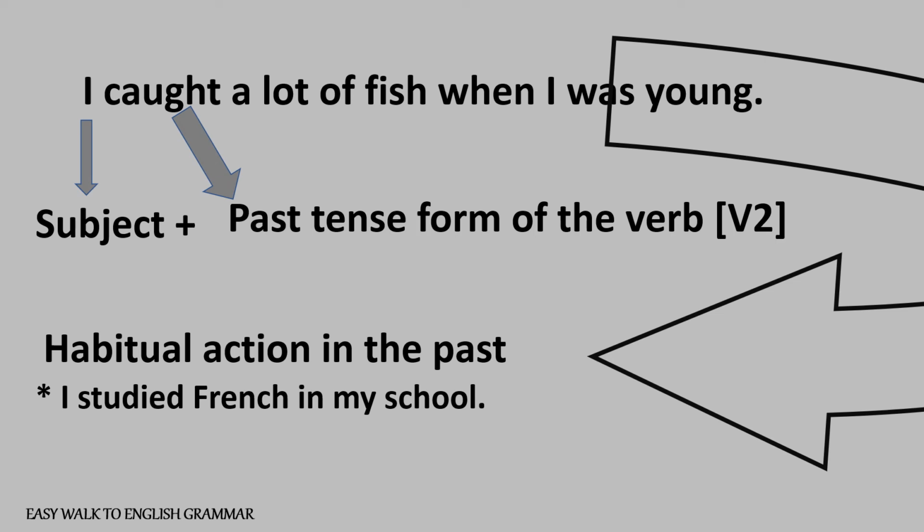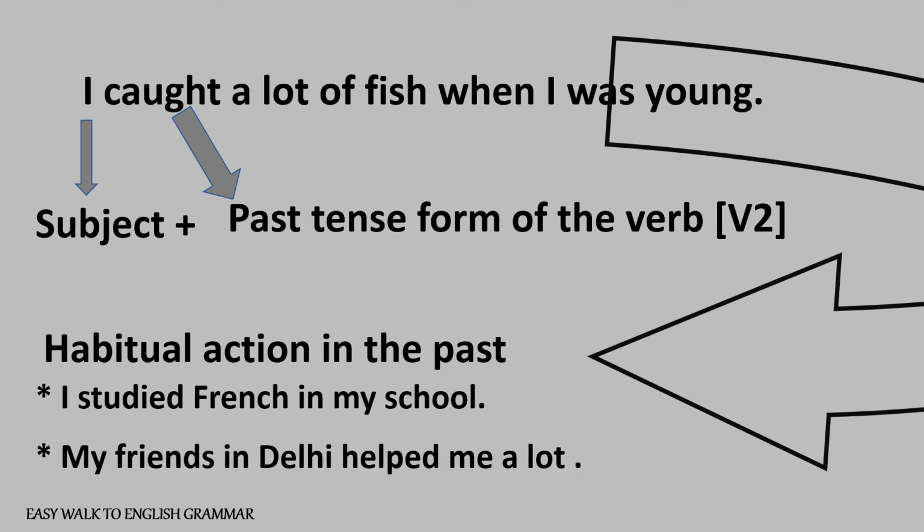And the next example is: my friends in Delhi helped me a lot. Here the speaker says that he or she was helped by his or her friends when he or she was in Delhi.